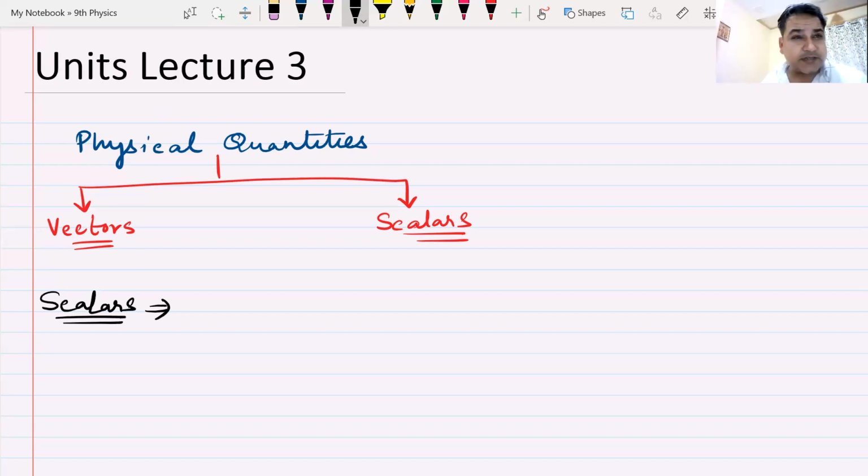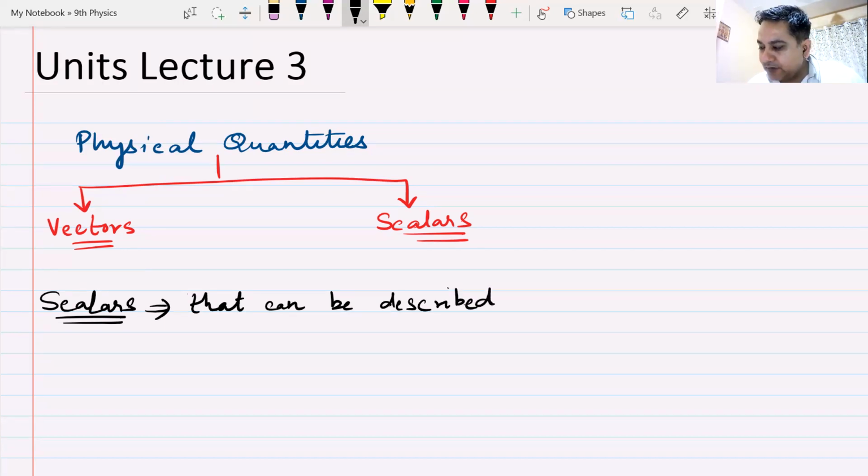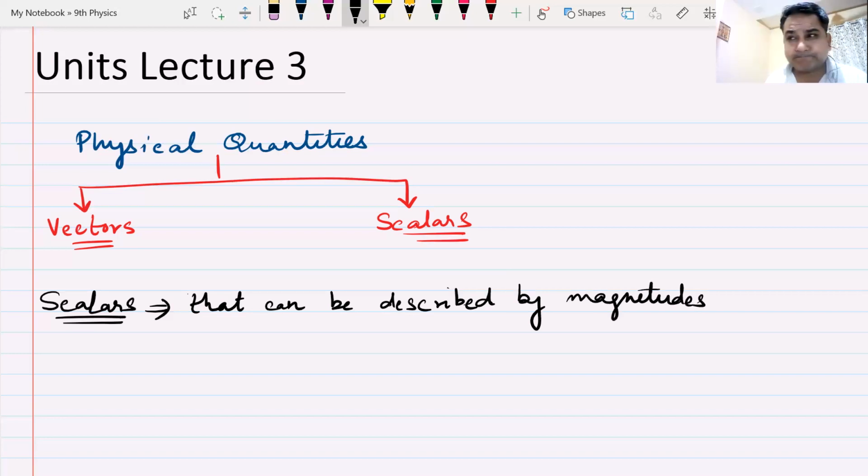Now, there are some quantities that can be completely described by their magnitudes only. We only need magnitudes. And with these magnitudes, we can completely describe these physical quantities.